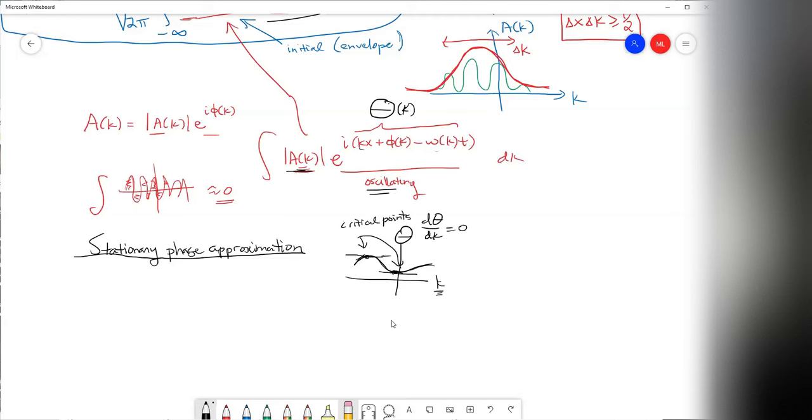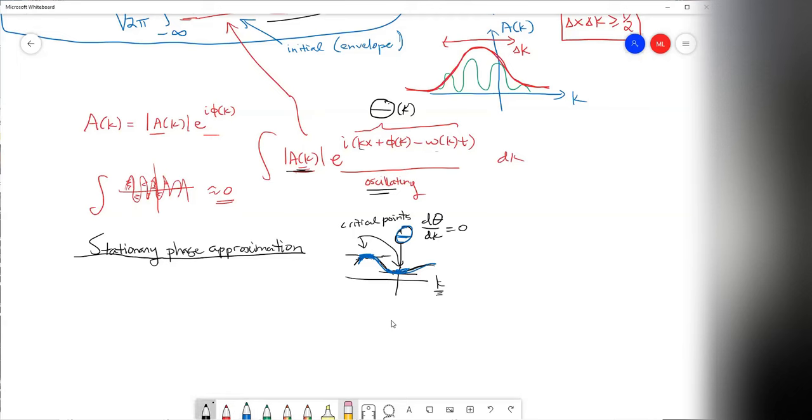It's where you have a little local maximum or minimum in this exponent. And at those maxima or minima, theta is not changing very much. As you roll around the minimum or maximum, it's just flat, right? So that's the stationary phase approximation.